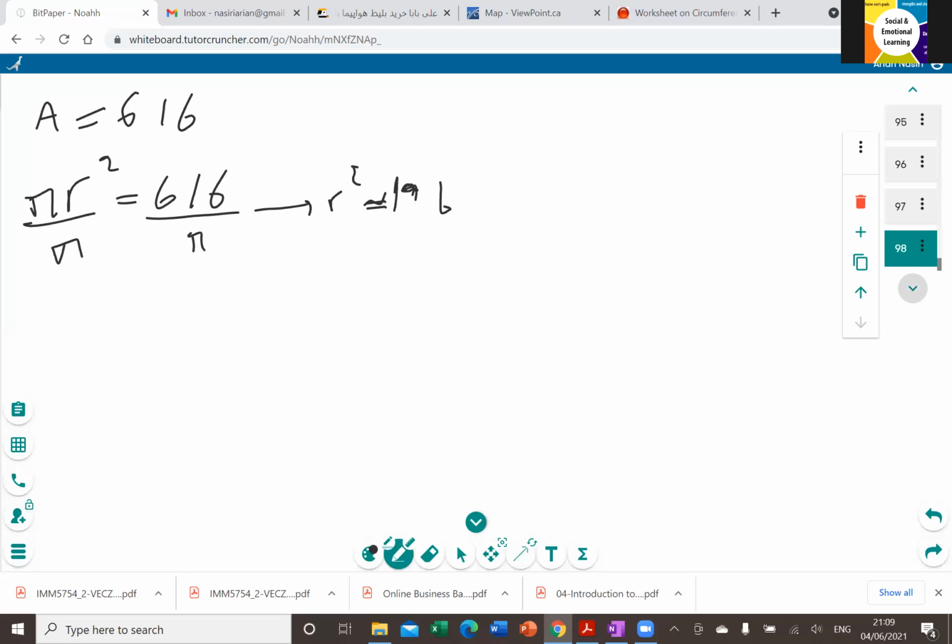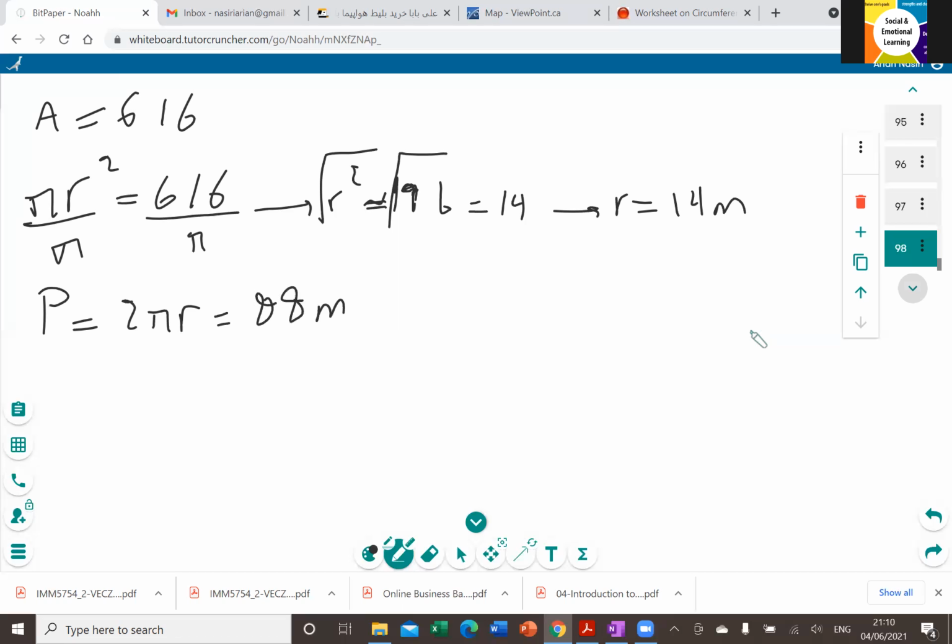But this is squared, so we square rooted both sides. That's what is important, and it becomes 14. 14 is r, right? Therefore r is 14 meter. Therefore p, the perimeter or circumference, is 2 pi r, which approximately, as your friend said, is 88, approximately 87.929, which is 88 meter.